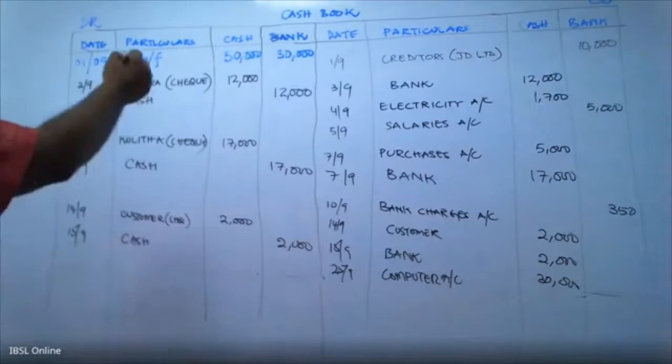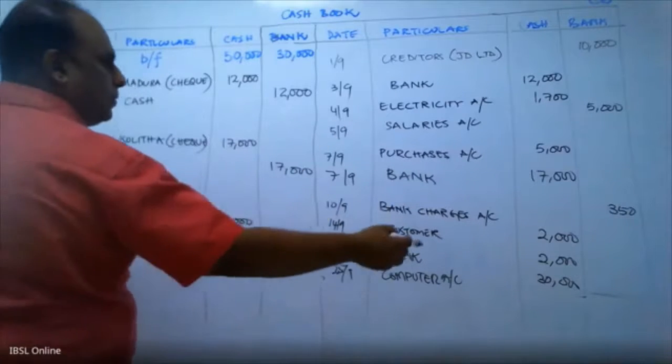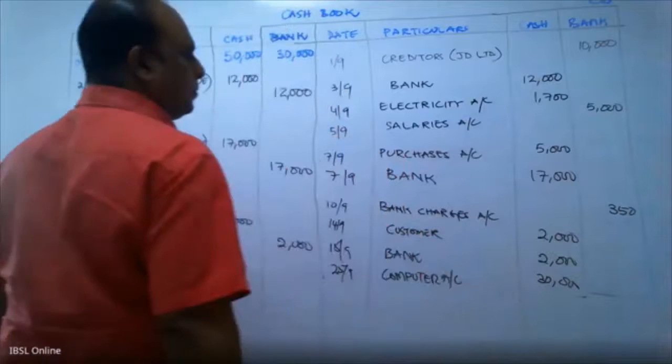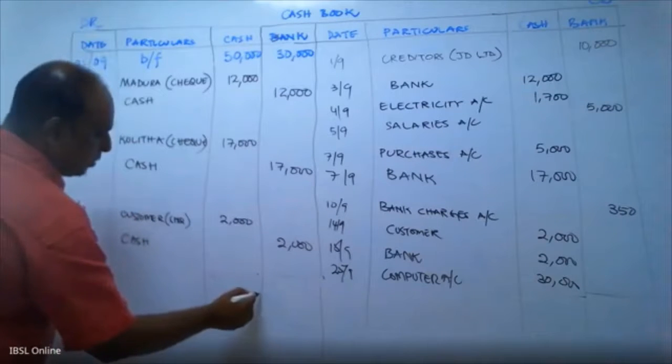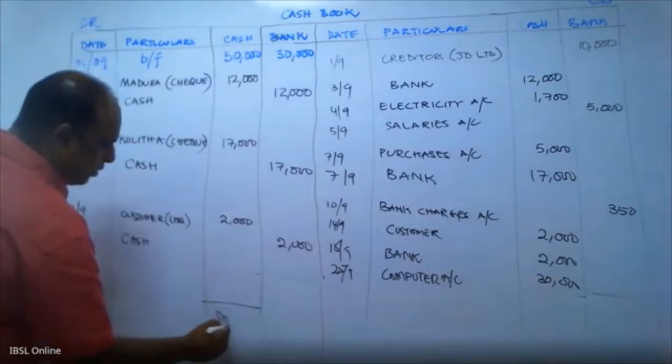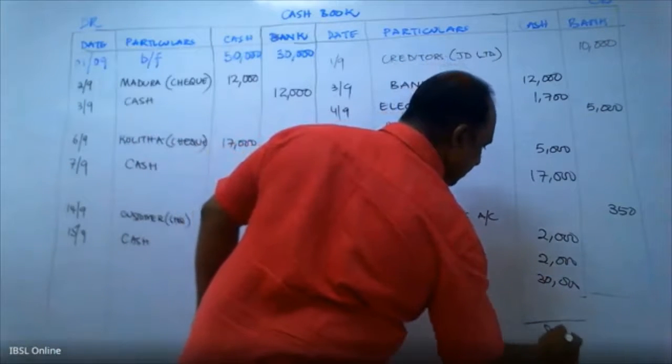So I think here you get 81,000. I think the cash side is more. So 81,000 is here, and you put 81,000 there also.